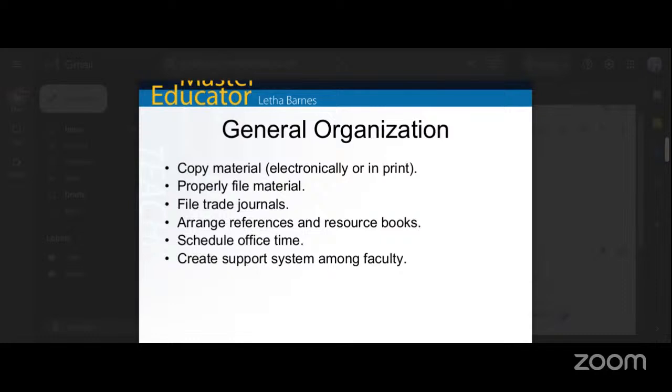But if we look at our general organization and these methods, these duties will change as you grow and start evolving and using more technology, more apps. I have seen these evolve. Copy material, okay.